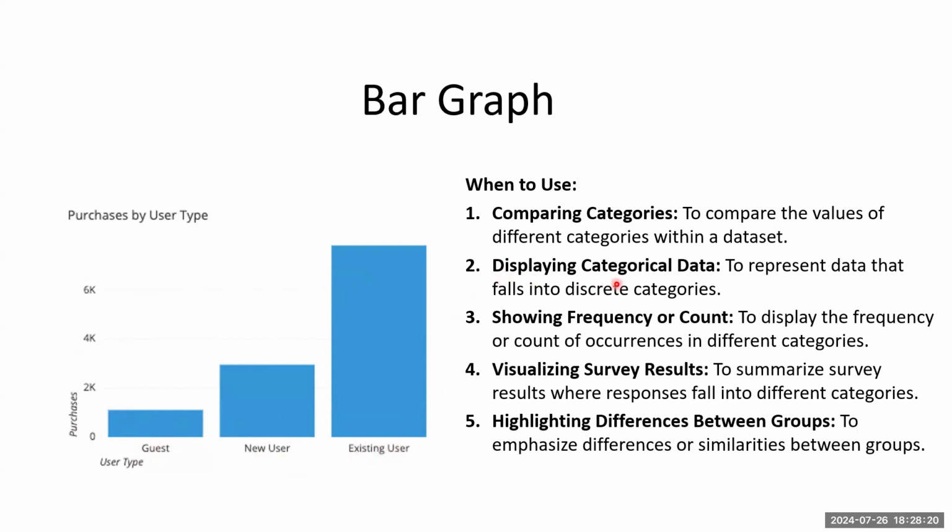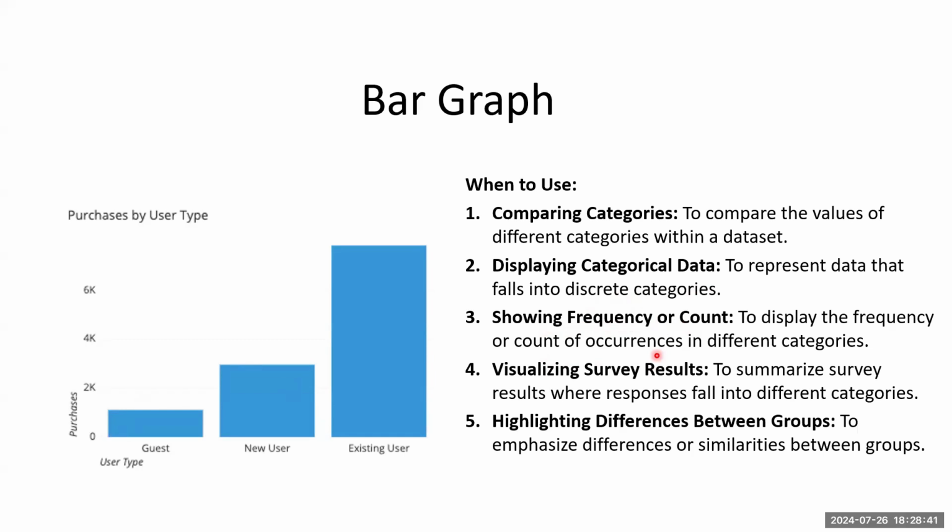So displaying categorical data, we can use the bar graph to represent data that falls into discrete, distinct categories, showing frequency or count. To display the frequency or count of occurrences in different categories.